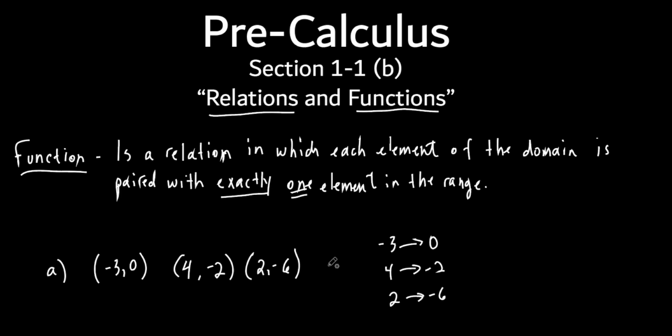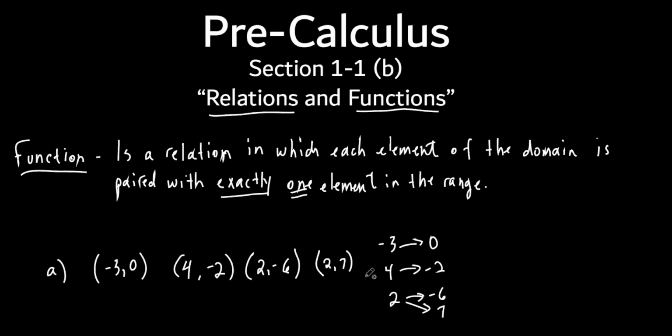What if I threw another one in here? What if I said 2, 7? So that 2 would be paired with a -6, but the 2 would also be paired with a 7. Is this domain paired with exactly one element in the range? No, it's paired with 2 of them, isn't it? All right.